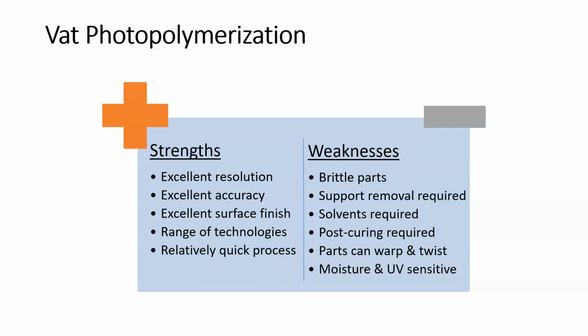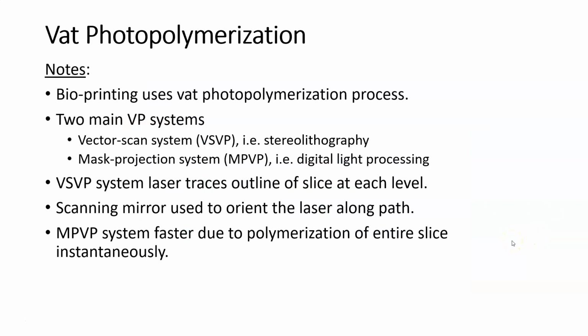Parts can warp and twist. And then they are moisture and UV sensitive. Okay. Again, this is kind of material dependent, the moisture and UV sensitive nature of it. But depending on the material used, you will have to pay attention to that and watch those weaknesses.